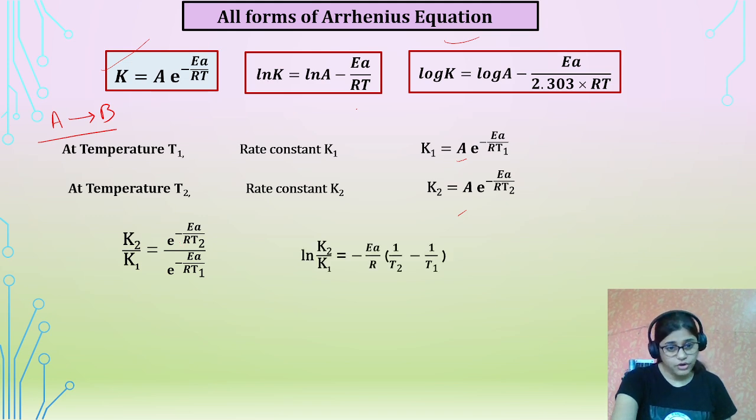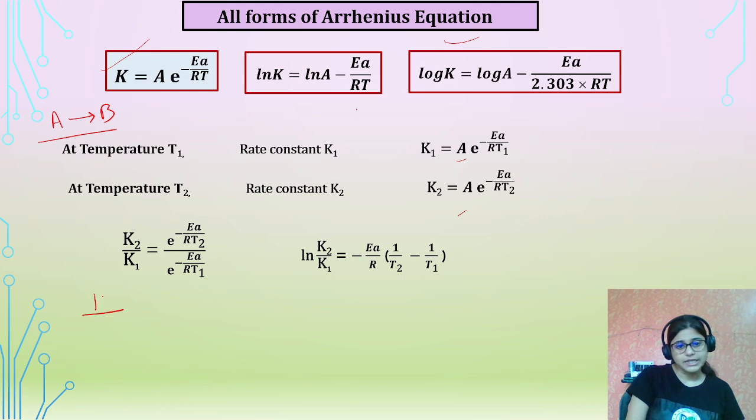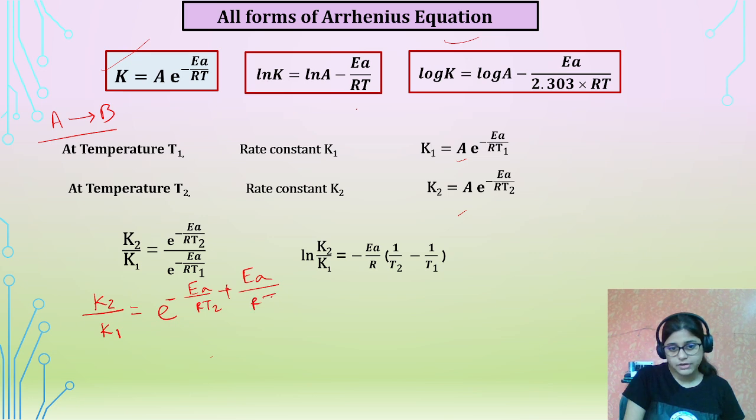Now if we take log, so A will be gone, and for simplification I am writing here, K2 by K1 will be equal to e to the power minus Ea by RT2 plus Ea by RT1.